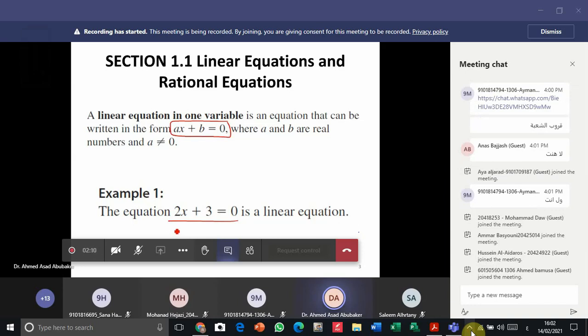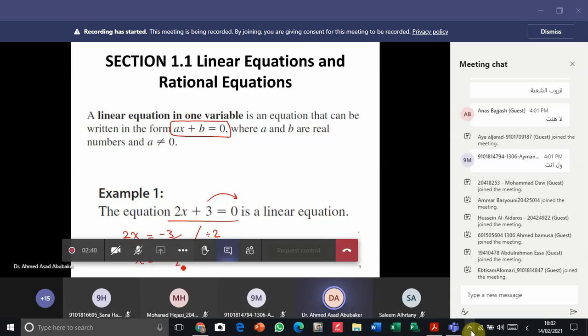We can solve it by moving positive 3 to the other side, so we have 2x equals negative 3. Now the coefficient of x equals 2, so we must divide by 2. After dividing by 2, we have x equals minus 3 over 2.